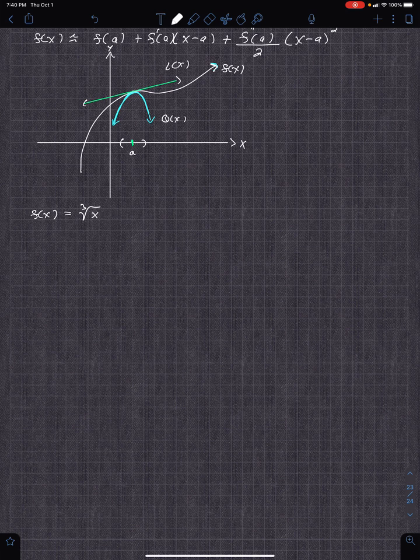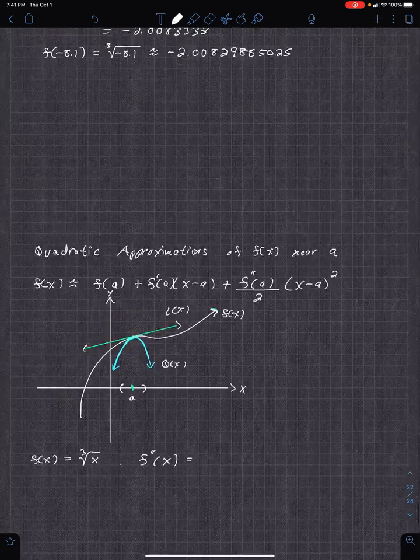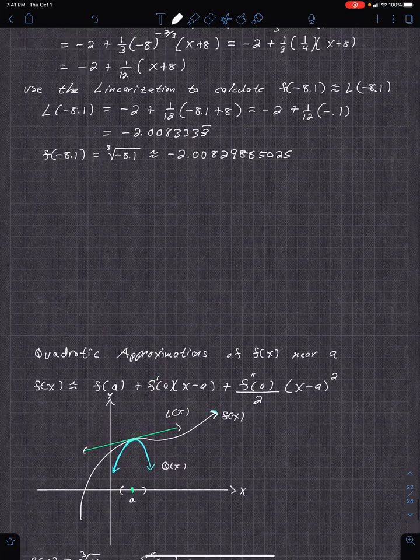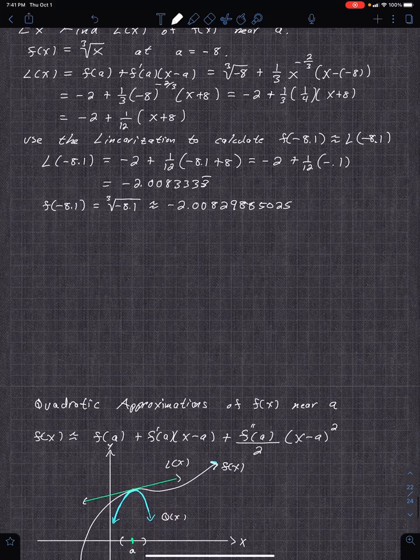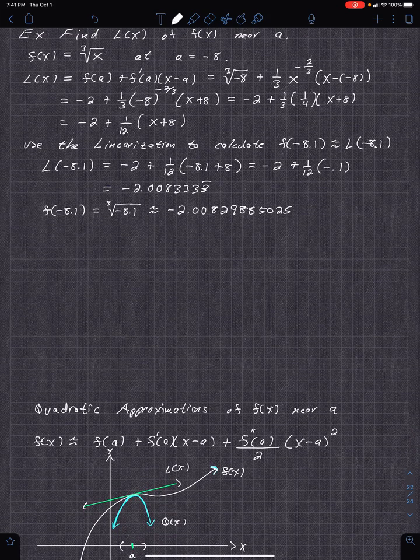So you want to get f double prime. So from above, f double prime of x. So we're going back up here, which is the derivative of, let's just copy it so you see it.